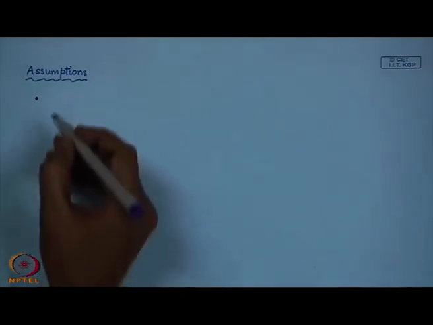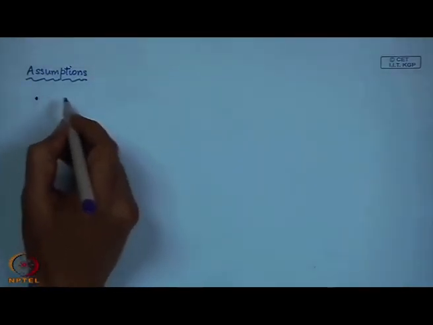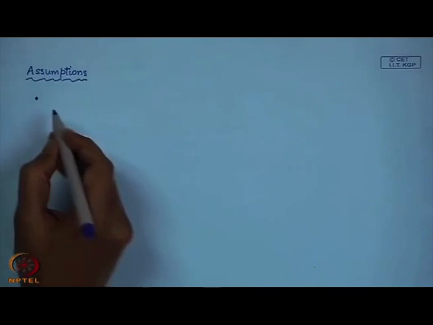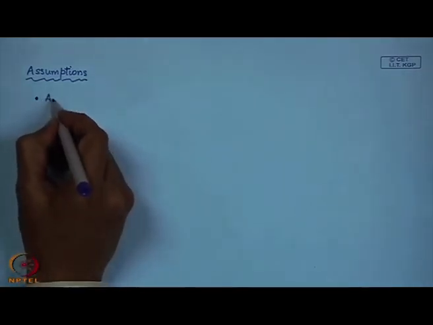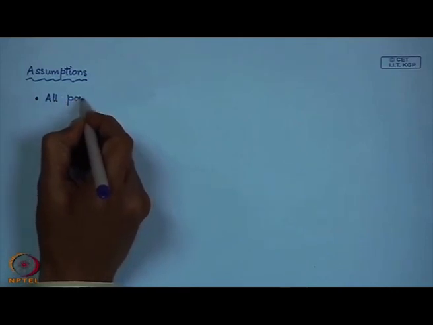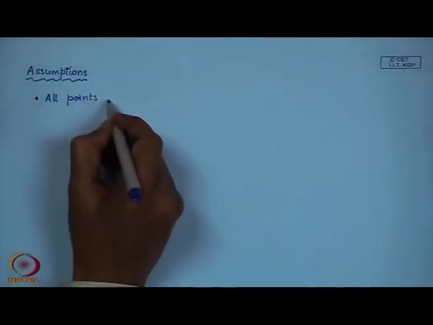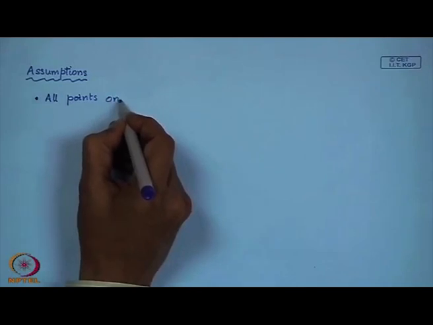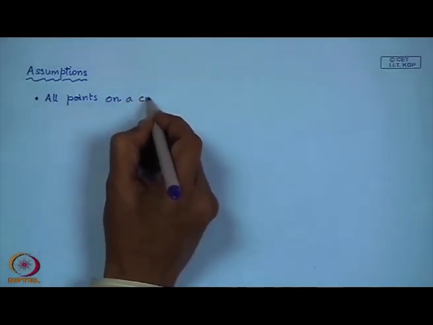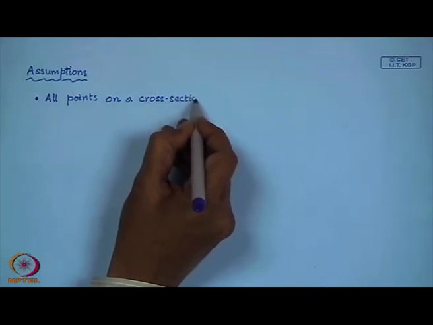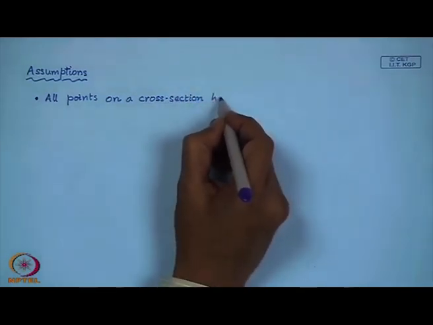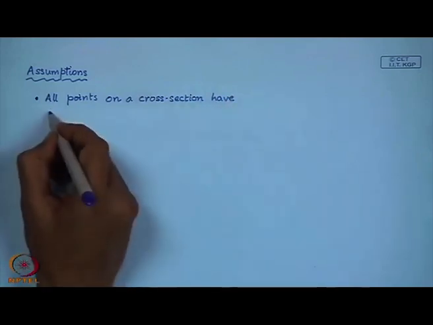The first assumption that we make is that all points on a cross section have the same motion.